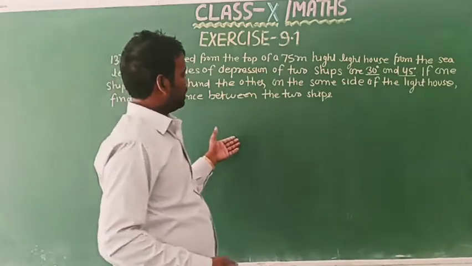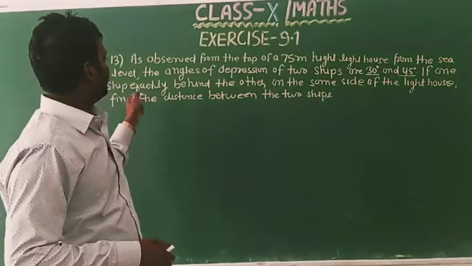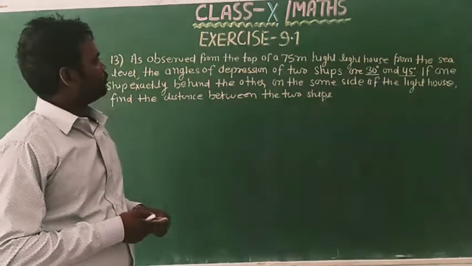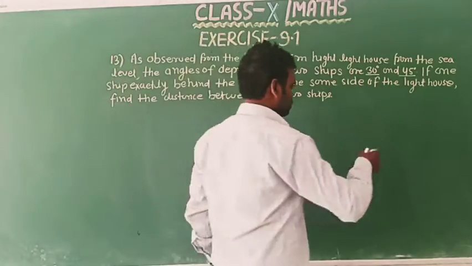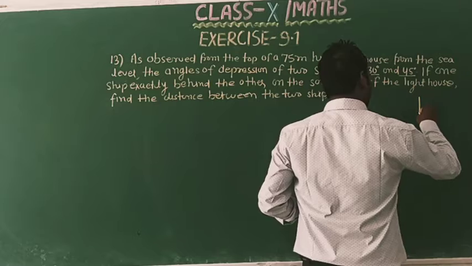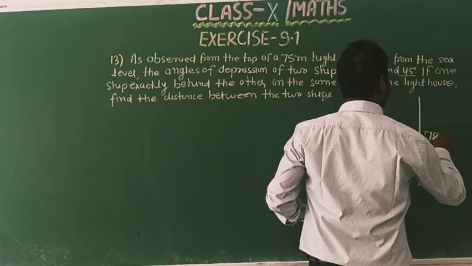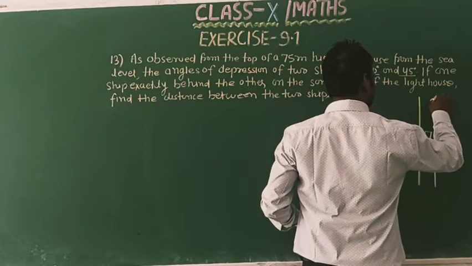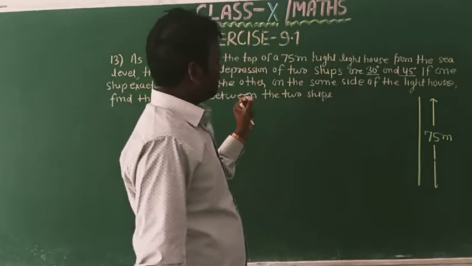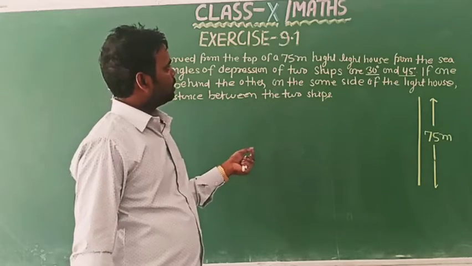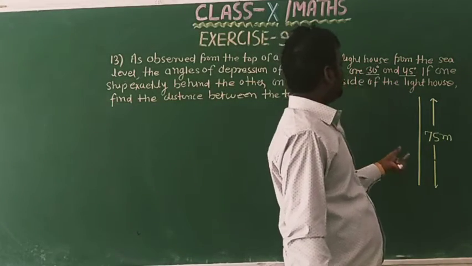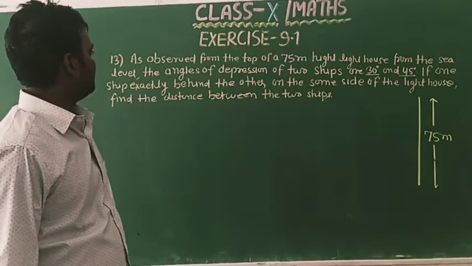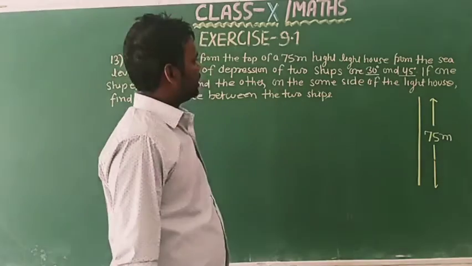Okay, so first I will draw its diagram. So given an observer from the top of a 75 meter high lighthouse, and from the sea level the angle of depression of two ships is 30 and 45 degree.